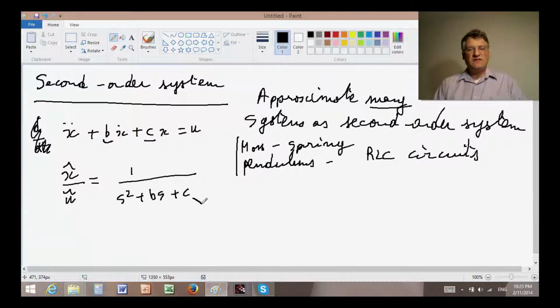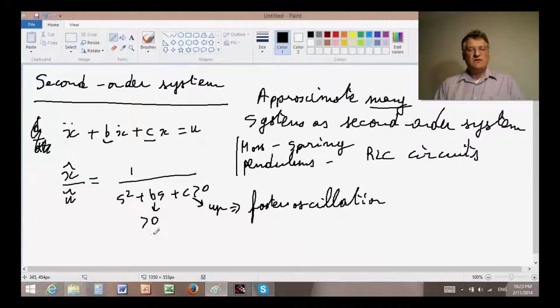When c goes up, we have faster oscillations. When b, which we assume is always greater than 0, and so is c, goes down to 0, we have more sustained oscillations.